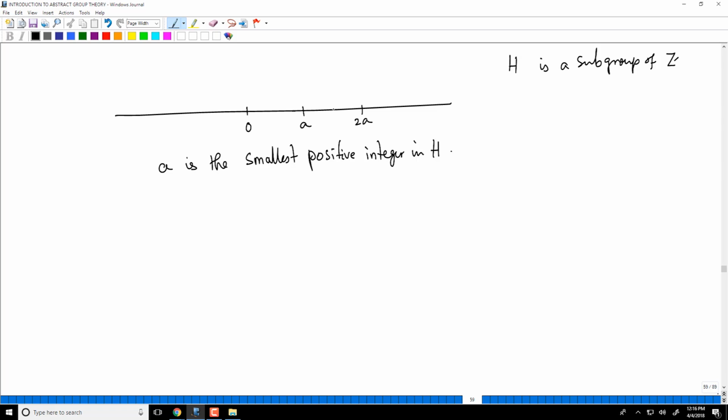There is nothing in between A and 2A that can be in H, because if there were, by subtracting A you would land between 0 and A, and we know there is nothing between 0 and A in H.